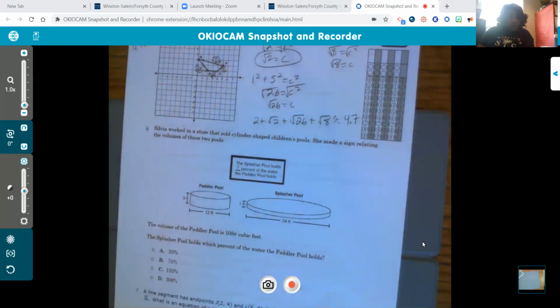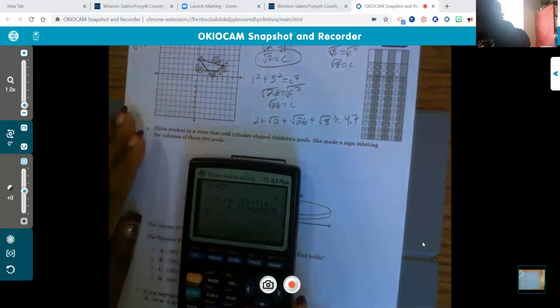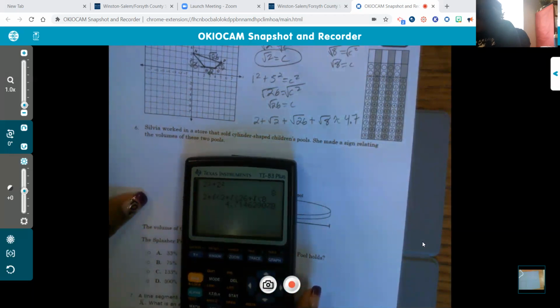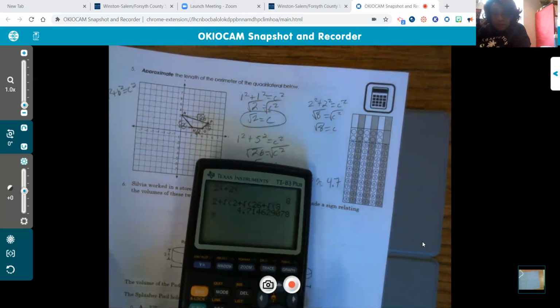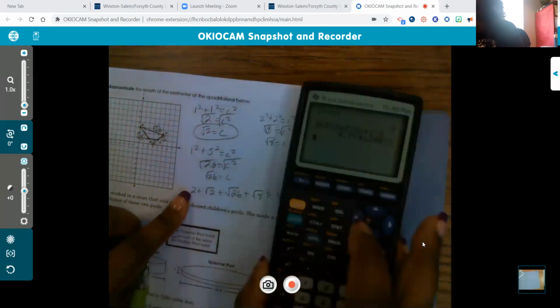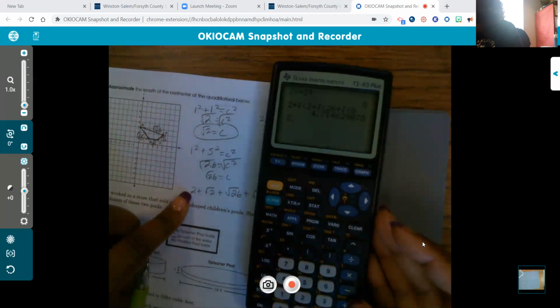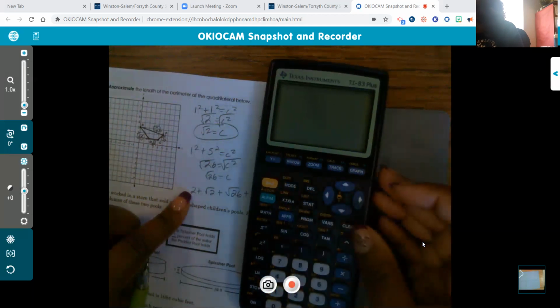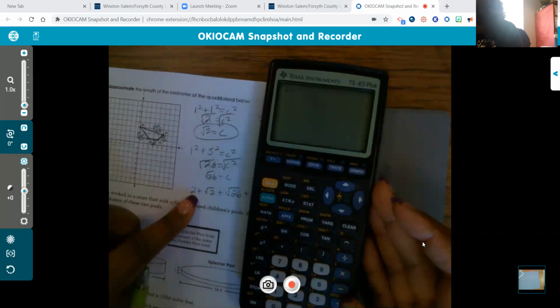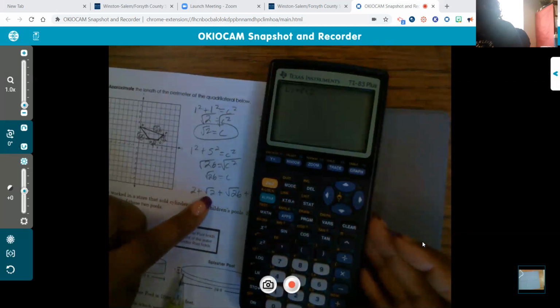Okay, so number 6. Wait. I forgot something. Hold on. Let me make sure I did that right. Okay, so we got 2 plus the square root. Wait a minute. Let me do it one more time. 2 plus the square root of 2.